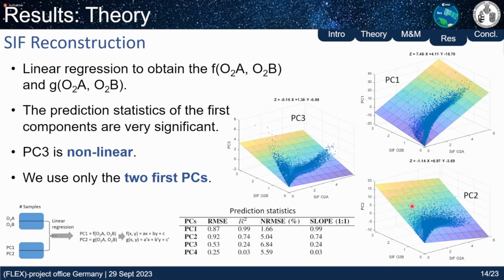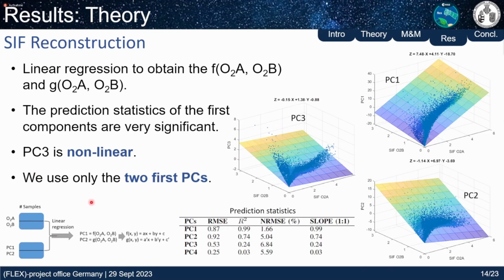So it also has a good regression, but in the case of principal component 3, we obtained a very low correlation, and this is because in this case the behavior of the spectrum is not linear, and we are trying to fit a linear regression to something that is not linear. So basically, we can't obtain these values with a linear regression.